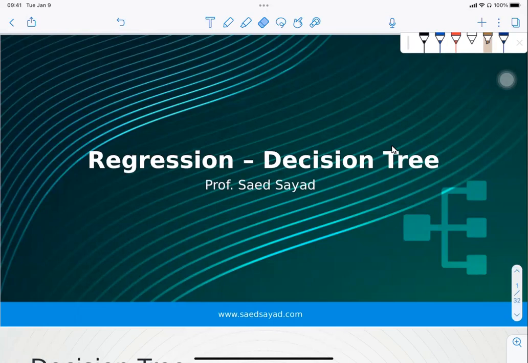So the first question that comes to mind is why do we use decision trees and how do they work? The goal of a decision tree is really simple. It is to create a training model that can be used to predict the class or value of a target variable by learning simple decision rules inferred from prior data.